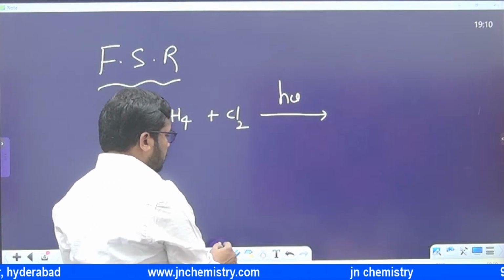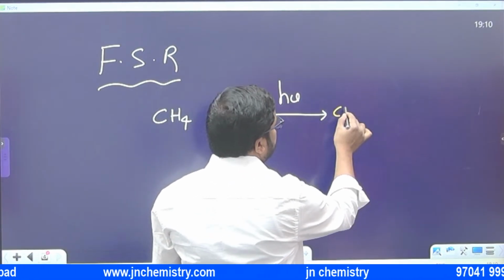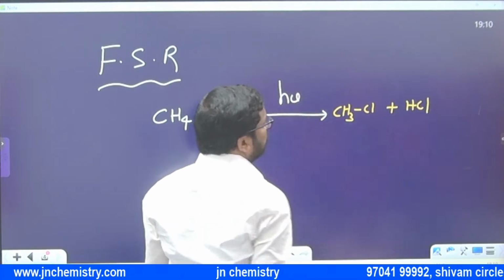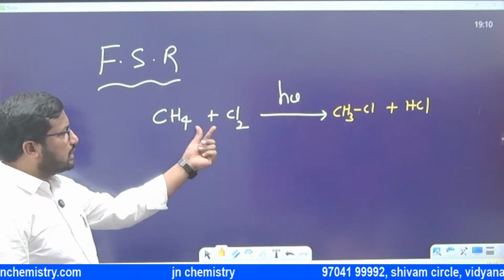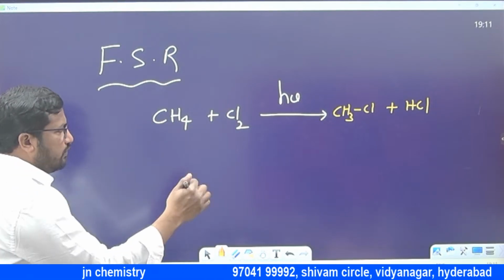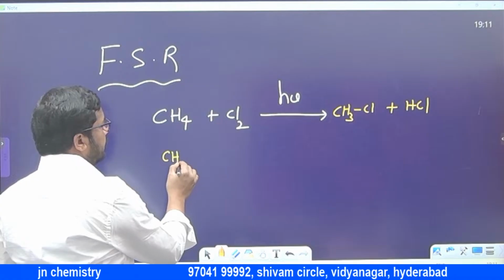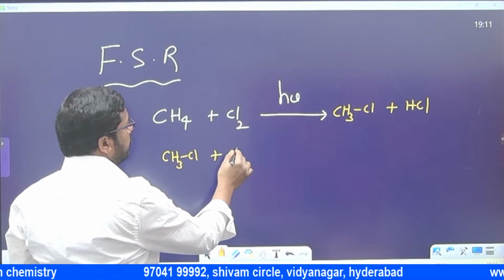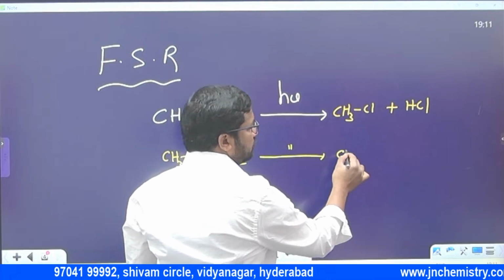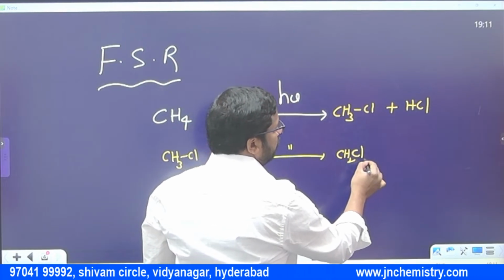So here is a chain reaction. First we'll get CH3Cl plus HCl going out. One Cl is substituting. Free radical means Cl radical is replacing. Once again, if CH3Cl is treated with one more Cl2, same sunlight, CH2Cl2 plus HCl.